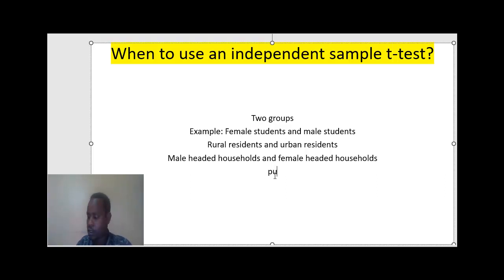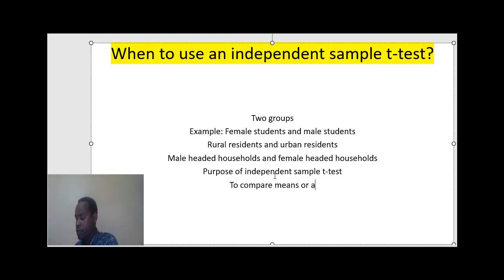Purpose. The purpose of independent sample t-test is to compare means, or average values. Okay, mean means average.